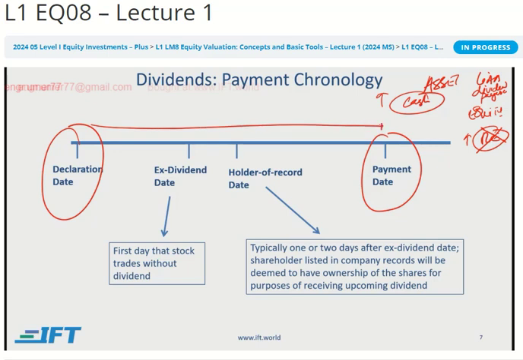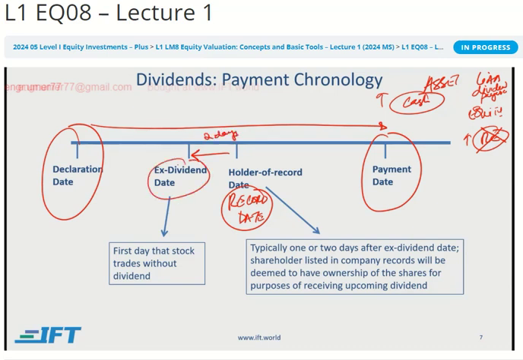Now, what happens from the declaration date to the payment date? We need to know who the shareholders are. If it's a public limited company, there could be hundreds of thousands of shareholders. So on the declaration date, we will announce the record date. Because financial markets, especially stock markets, operate on T+2 settlement, it is 2 days before the record date.